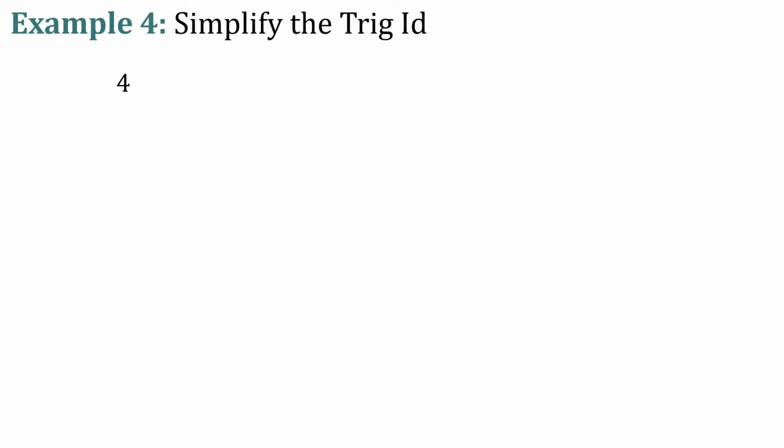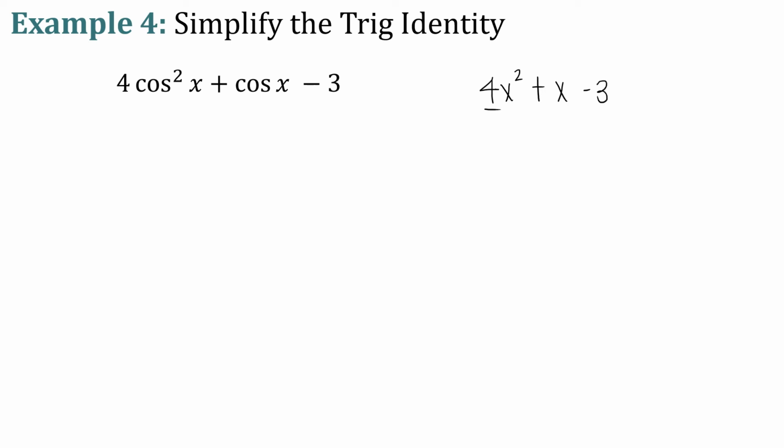All right, last one. We're going to simplify the trig identity 4 cosine squared x plus cosine x minus 3. And what I notice is that I have a quadratic function happening here. Let's look at it as if we rewrote this function as 4x squared plus x minus 3. Well, I would say 4 times 3 is 12.